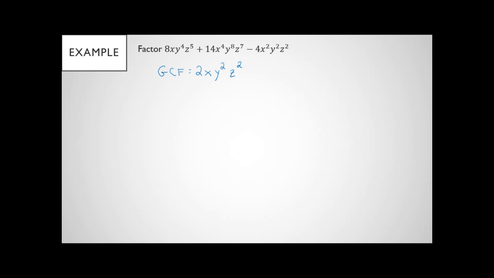So once I've identified the greatest common factor, I'm going to put that in front. Make sure you have all your exponents correct. You haven't confused your z and your 2's. And then I take each term. I need to make sure I have all my variables and all my exponents correct, and then I divide it by the GCF.